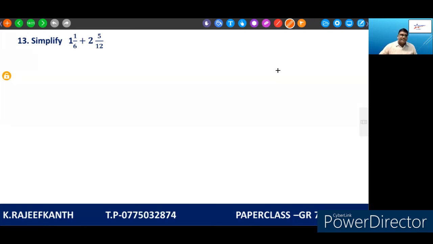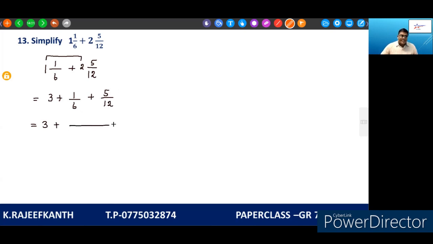Okay, here 1 and 1 over 6 plus 2 and 5 over 12. First, we have to add these two whole numbers. 1 plus 2 is equal to 3. Plus, now we have to add the fractions. 1 over 6 plus 5 over 12. You all know how to add these two proper fractions.